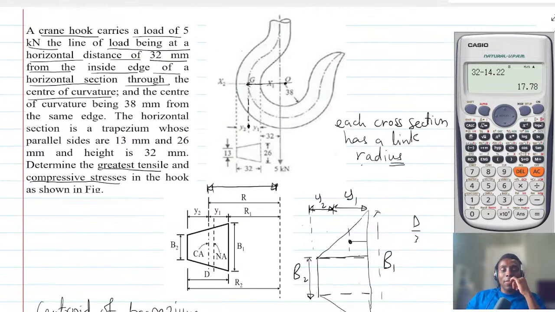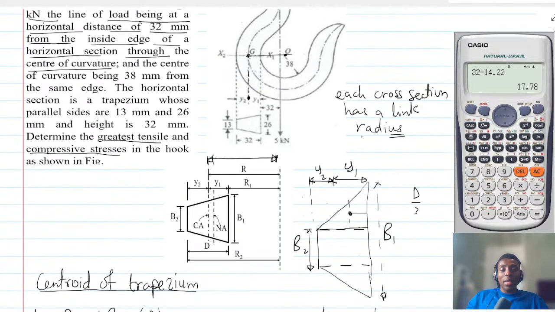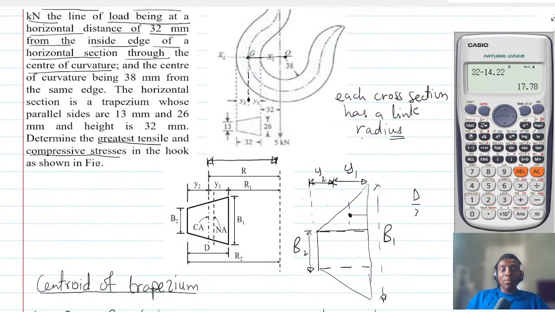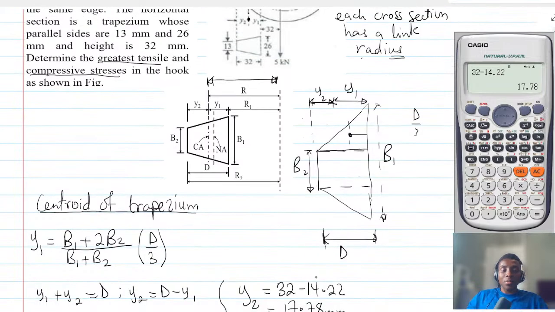If you come to the diagram, then you ask yourself, what is the r? Clearly speaking, the r is 38 plus the small distance.